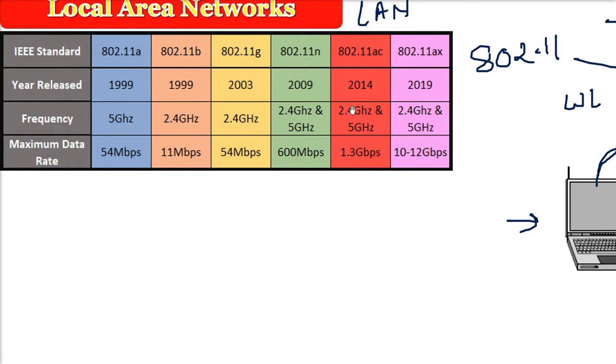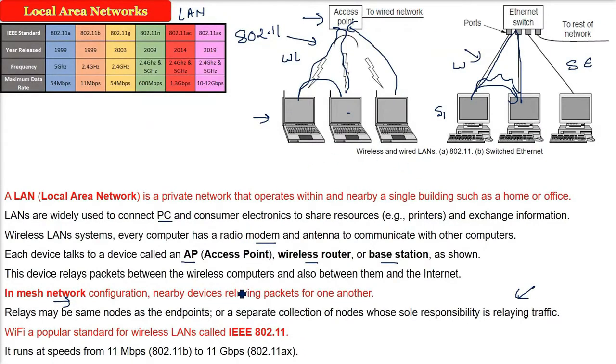Then we have 802.11b, 802.11g, then n, ac, ax. You will also read somewhere about ad. All these are different flavors with different speeds, working on different frequencies. Mostly from 2009, it was between 2.4 gigahertz and 5 gigahertz, and the speed has gone up to 10 to 12 Gbps.